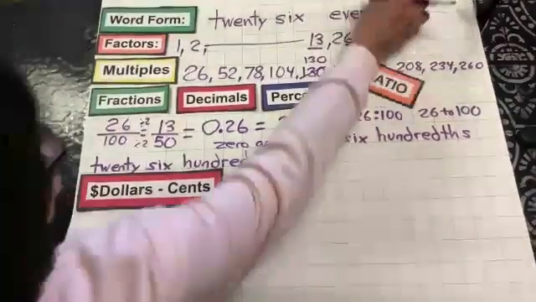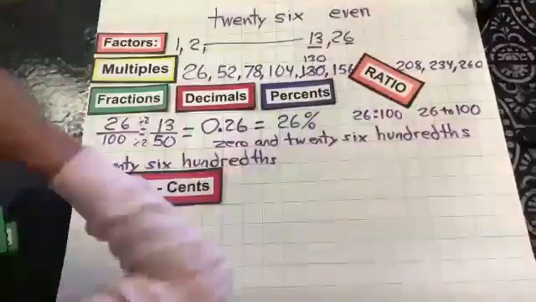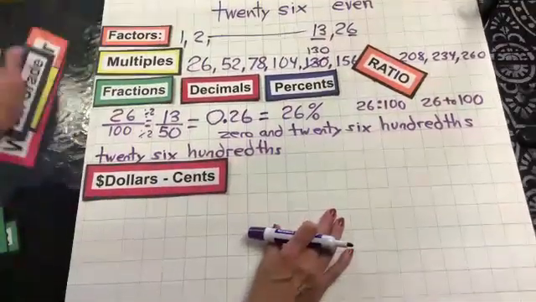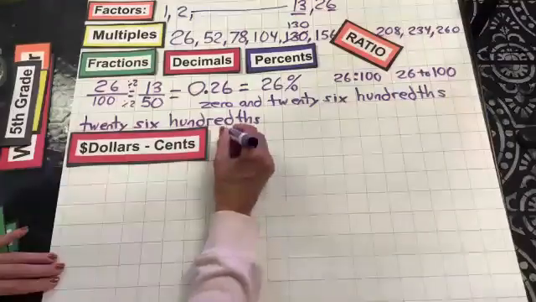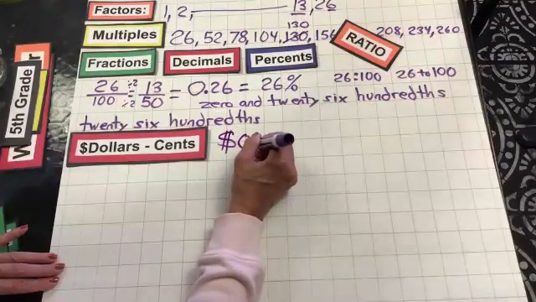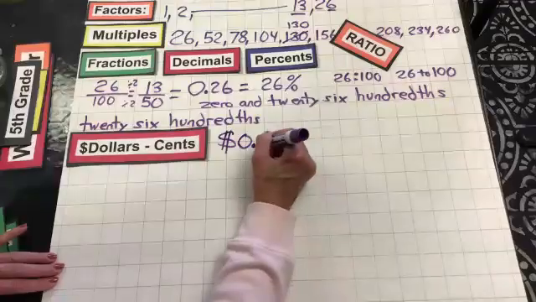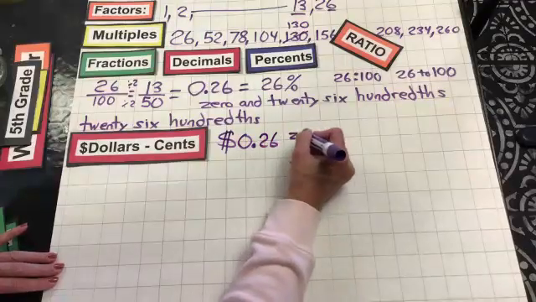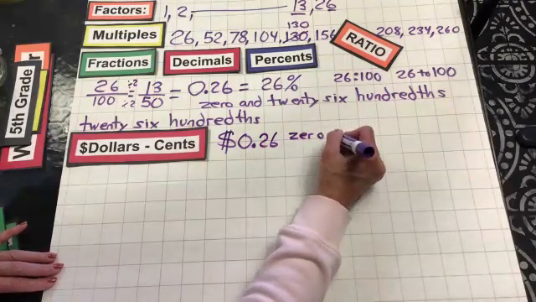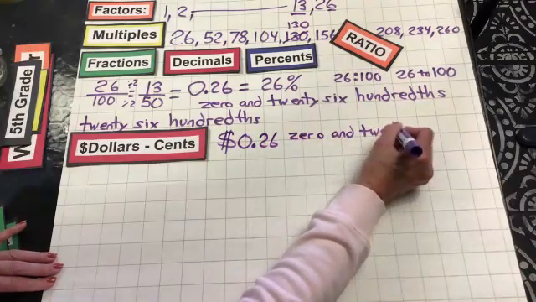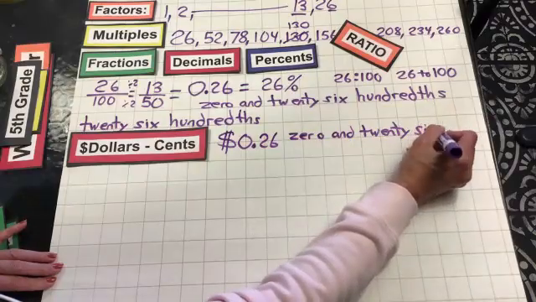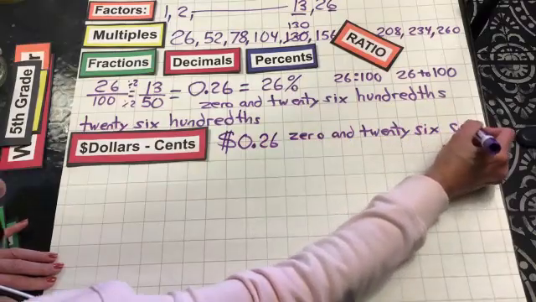So we got our dollar symbol, 0 and 26 cents. Again, writing it out in words, 0 and 26 cents.